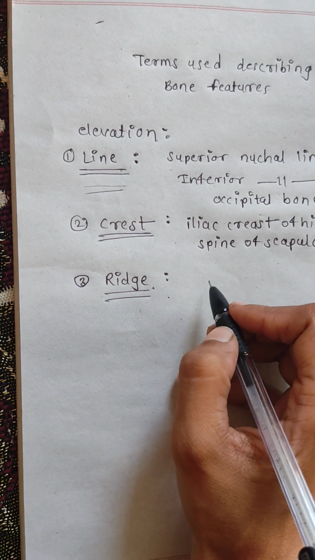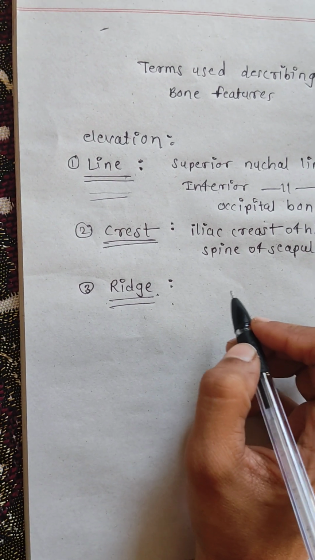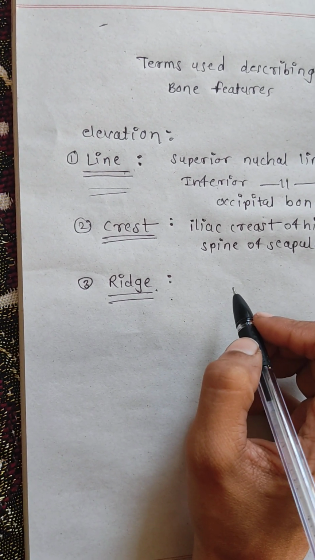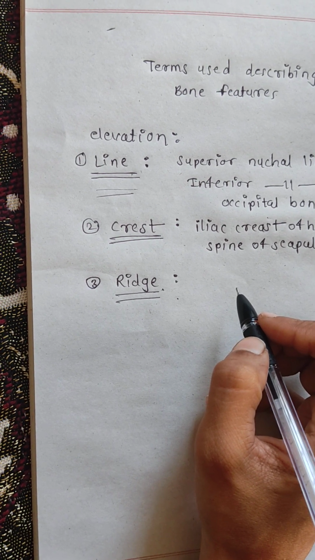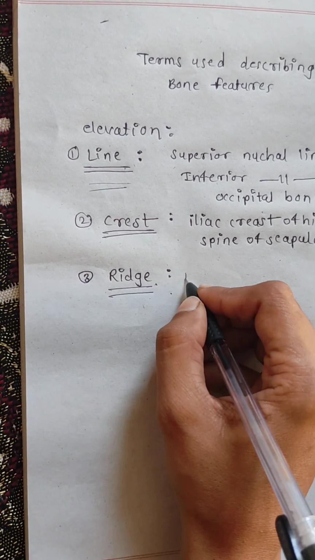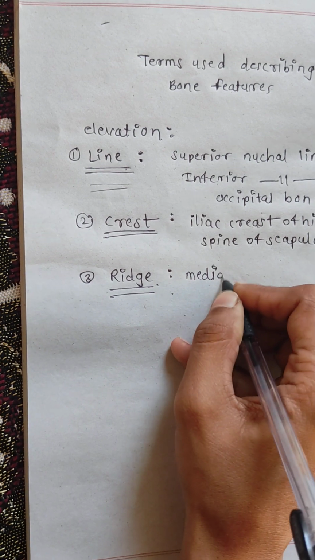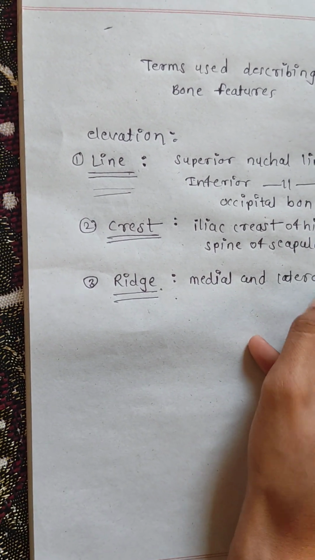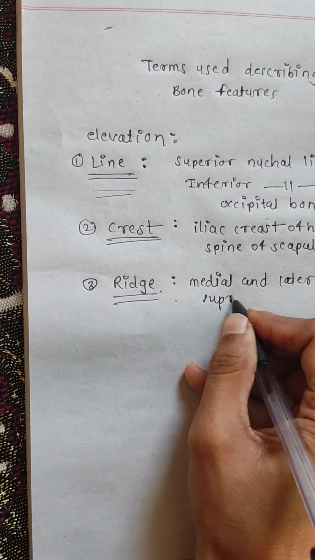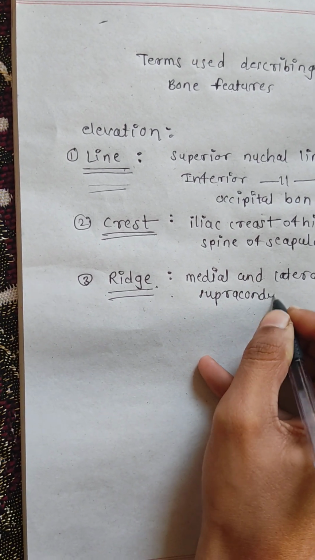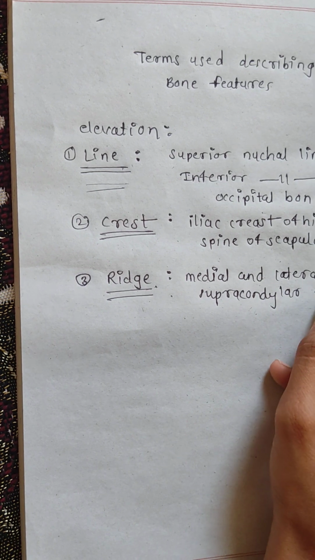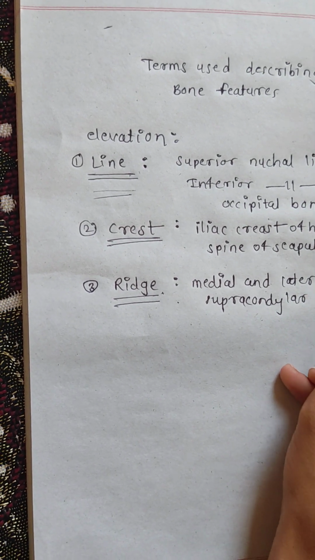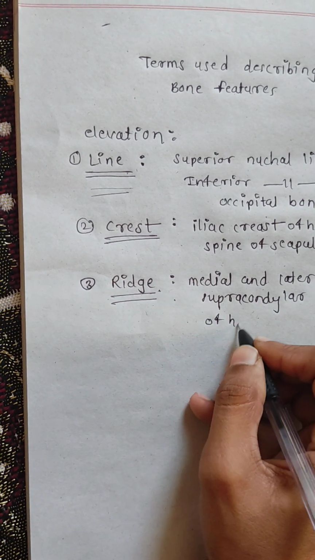The ridge type of elevation is present on the medial and lateral supracondylar ridges of our humerus.